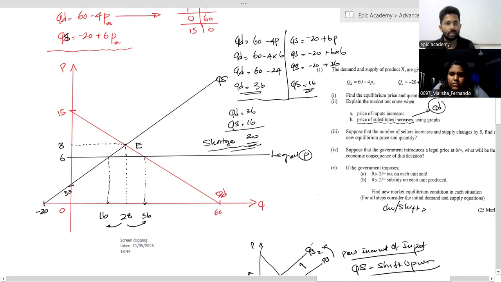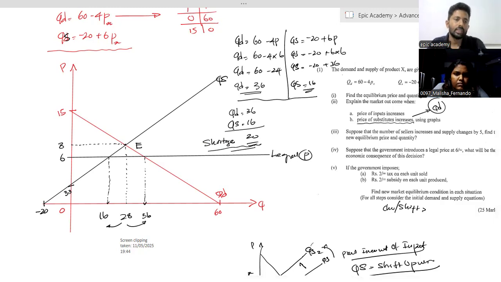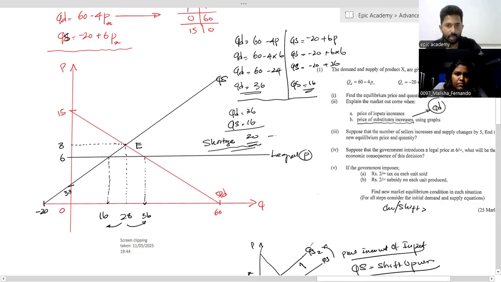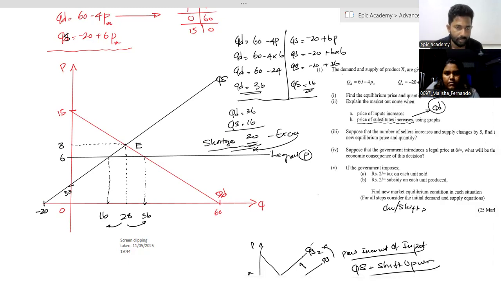The entire supply of the market is not enough to fulfill the expected quantity demanded. This represents excess demand. Excess demand always represents a shortage. Shortage means there's not enough supply to cover the entire demand of the market.